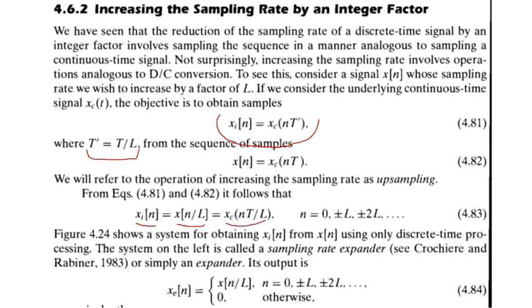So the system on the left is called a sampling rate expander. We will look into the next slide, figure 4.24, to see how the expander block diagram looks. So here xe represents the expander and we know that the expander is equal to x n by L. Let's move on to the next slide.